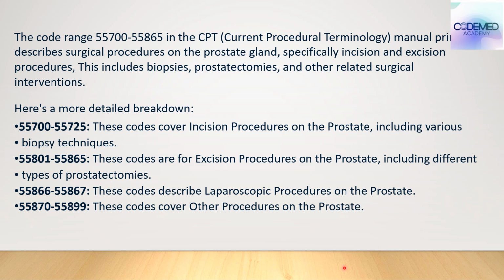Nowadays most surgical procedures do have laparoscopic procedure codes, because minimally invasive surgery is what everybody wants, where the post-operative time reduces because the cuts are less. That's why all through the chapter you will see separate codes for laparoscopy, so one must pay attention to how the procedure is done.